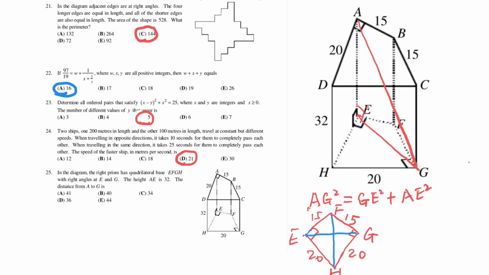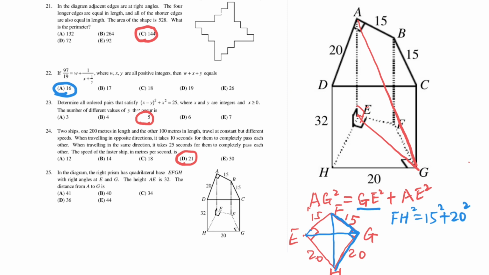First we need to find EG, which is GE. We need FH. Because FGH is a right triangle, FH, the hypotenuse, equals the square root of FG square, that's 15 square, plus GH square, that's 20 square.